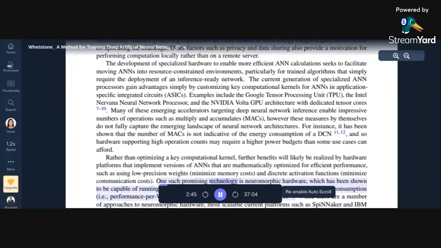One such promising technology is neuromorphic hardware, which has been shown to be capable of running ANNs and can potentially offer orders of magnitude lower power consumption, in performance per watt, than more conventional digital accelerators.